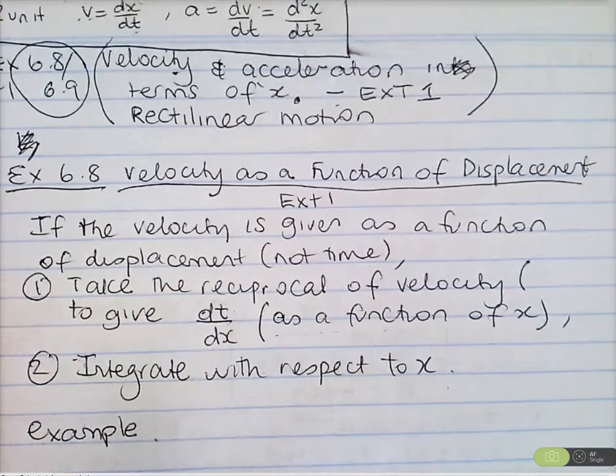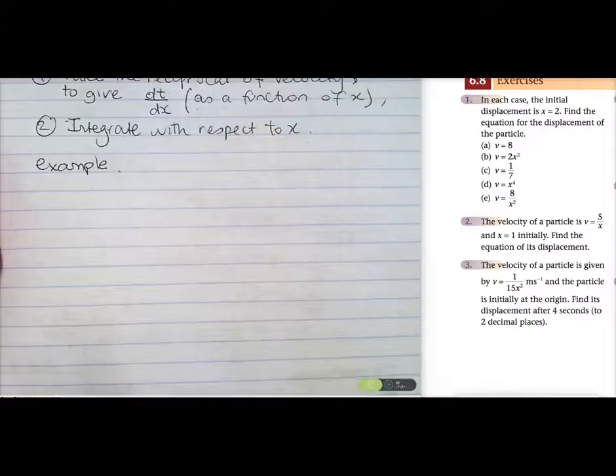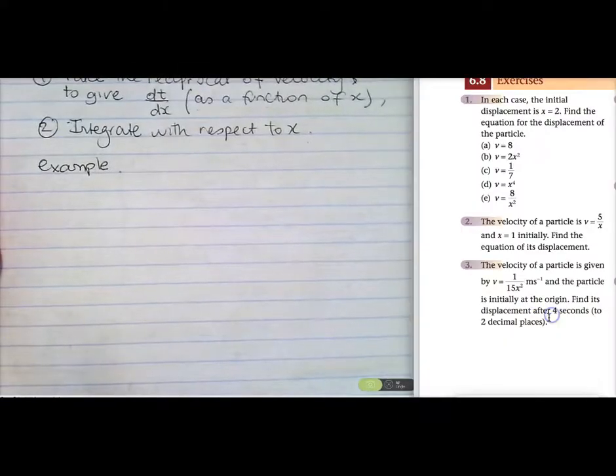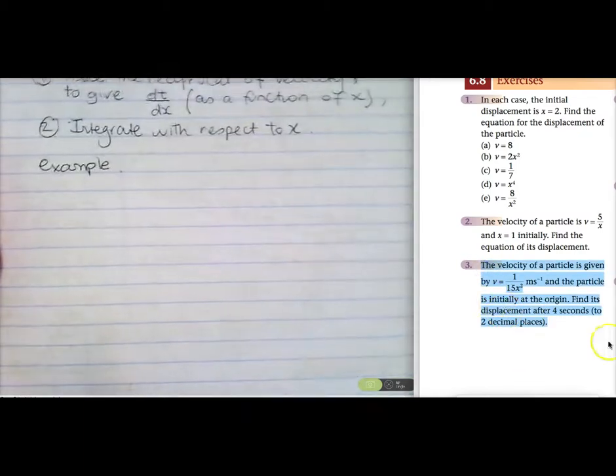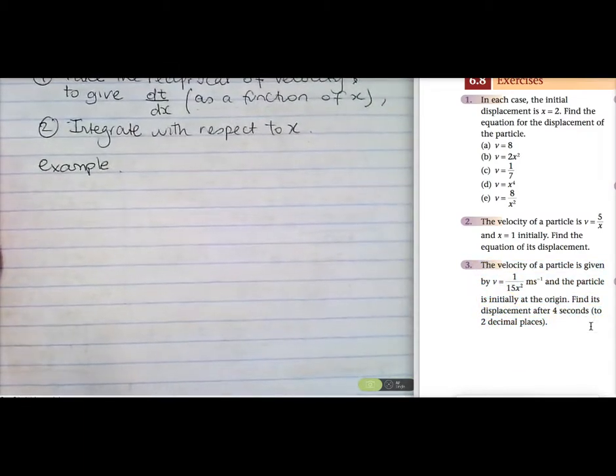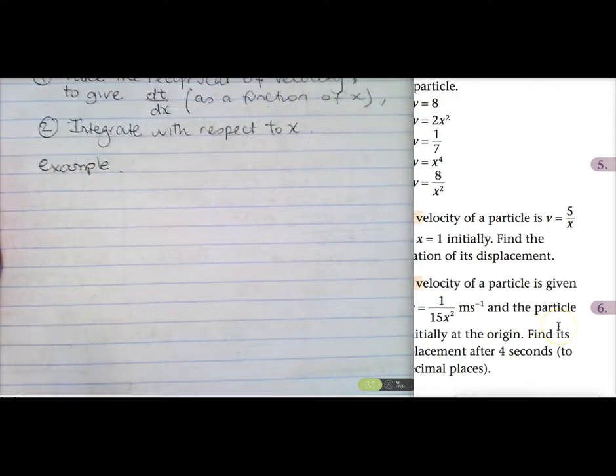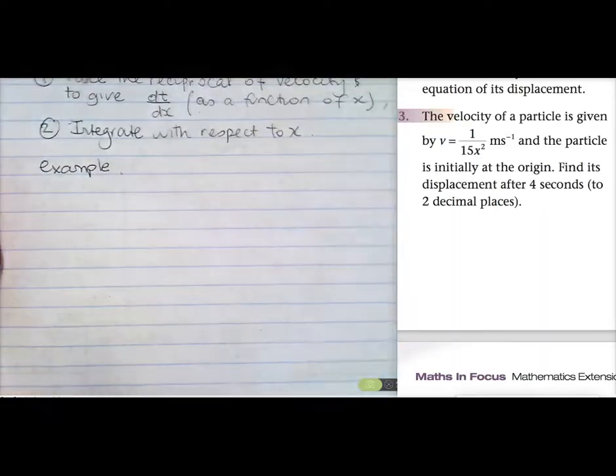Example. The example that we're going to look at is question 3, which is over here. Okay? So the velocity of a particle, I'll just make that a little bit bigger. It says the velocity of a particle is given by v equals 1 over 15x squared meters per second.